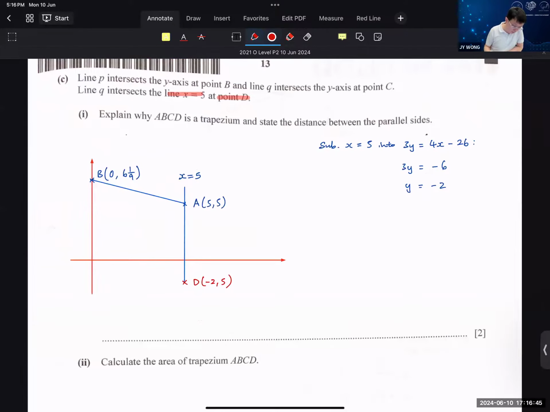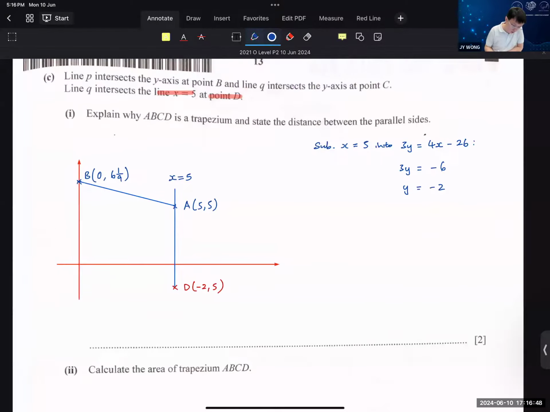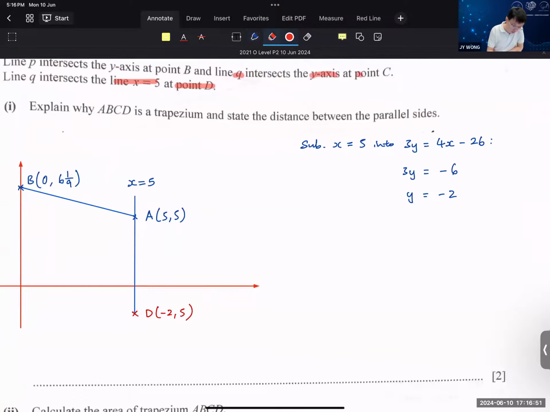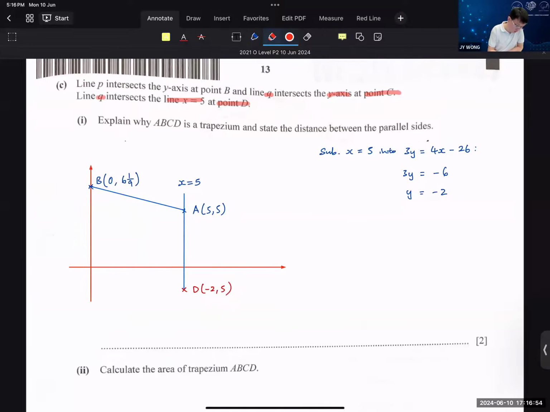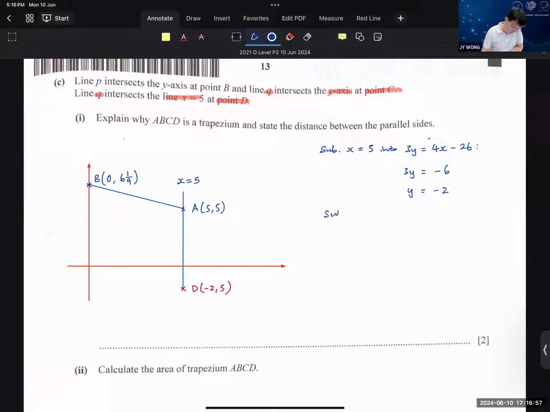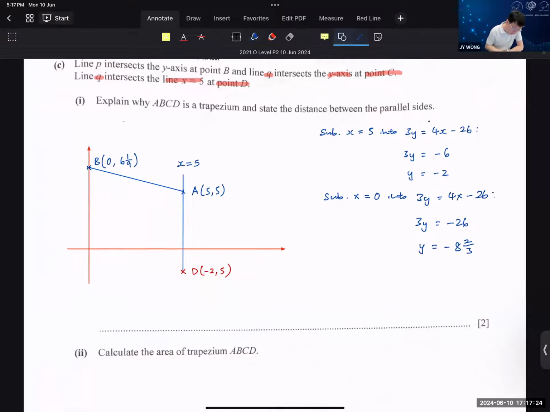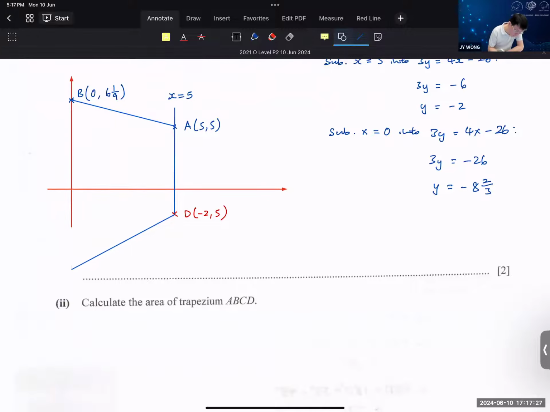And lastly, you need to find the y-intercept of line Q as well, because it intersects the y-axis at C. So sub in x equals 0 into this again, you will get 3y equals negative 26, and therefore y equals, I will just express this as a mixed number because I need to know, negative 8 and 2/3, which means that you will get something like this.